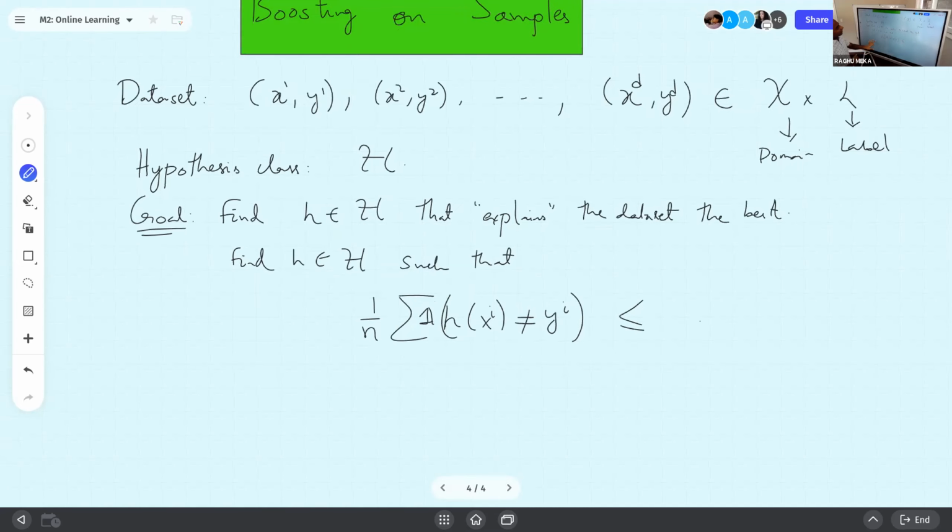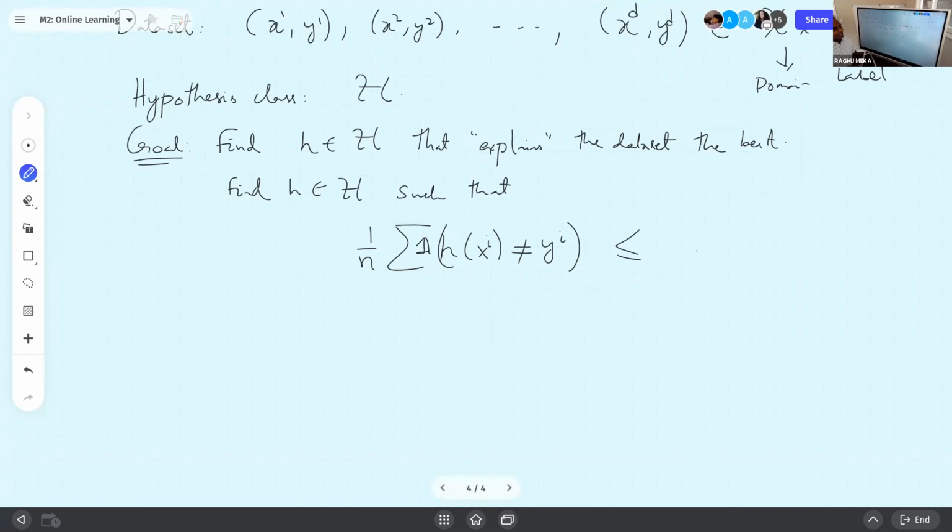But this is sort of standard. The crux is now I'm giving you this magical ability to do the following, which is to find a weak learner.